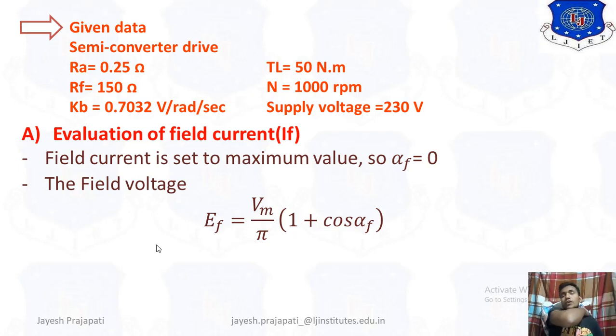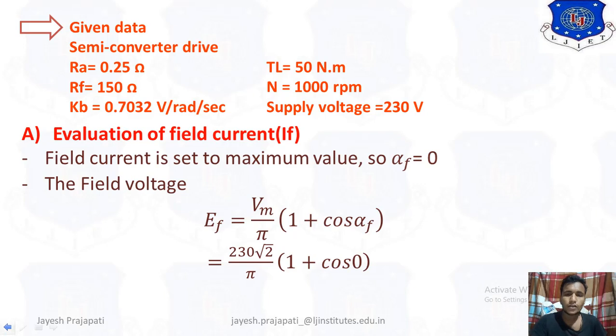Average field voltage equation: EF is equal to Vm by pi times (1 plus cos alpha f), and we know that alpha f is equal to 0. So we write down the voltage Vm, that is equal to 230 multiplied by root 2, the maximum voltage Vm.